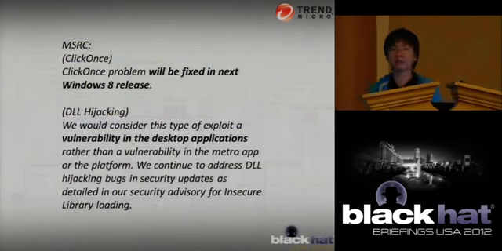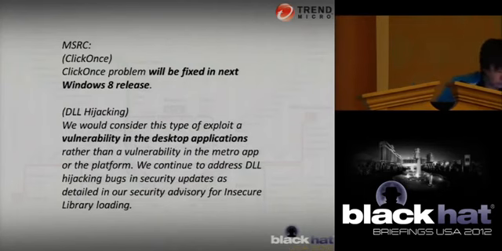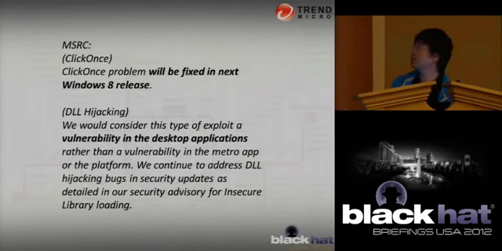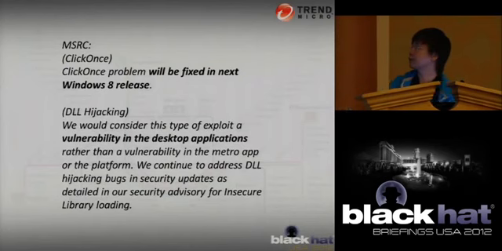Okay, so these are three ways that we can execute our programs. So, the MSRC response. Yeah, ClickOnce is the problem, so they are going to fix it in the next Windows 8 release.